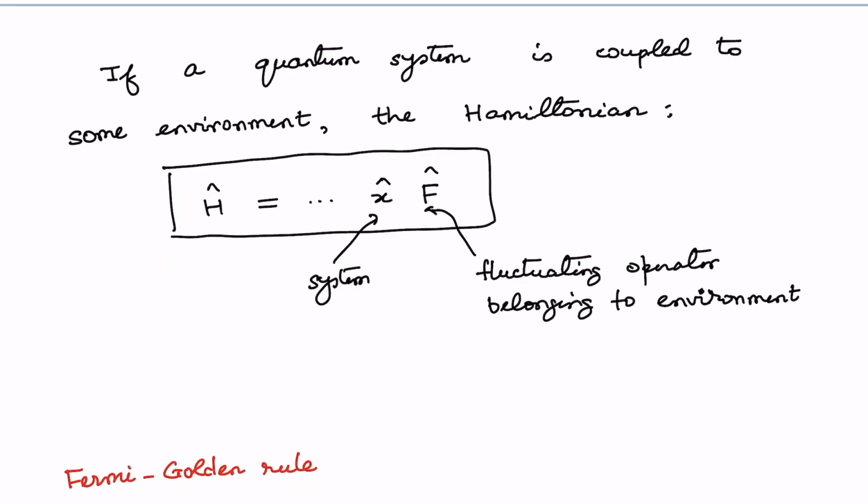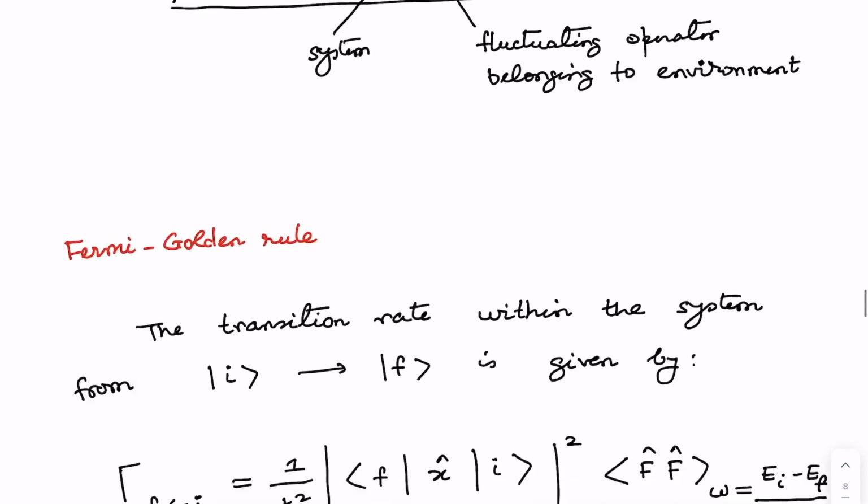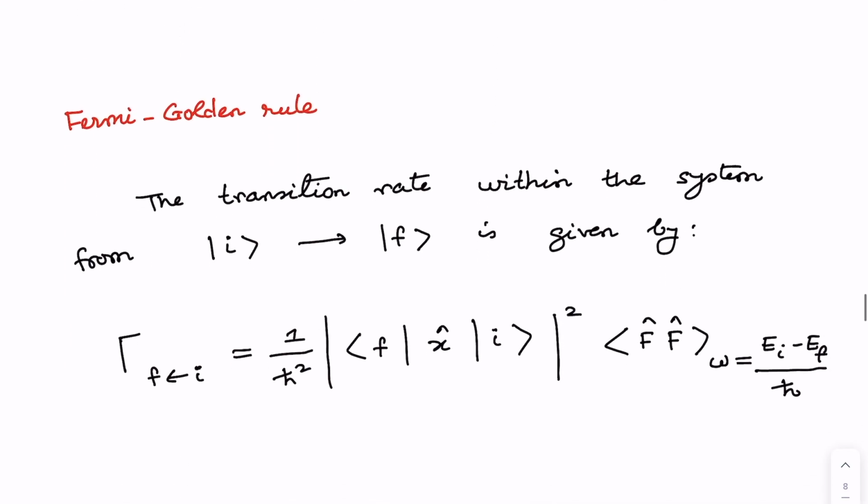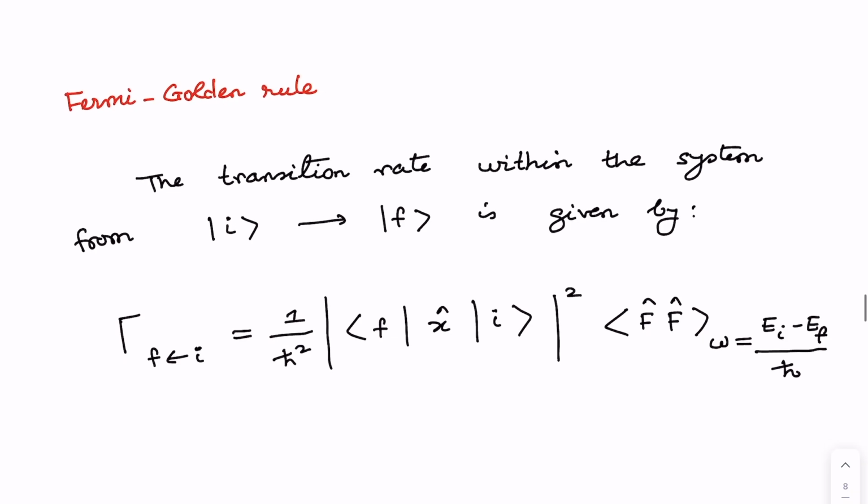We can calculate the transition rates within the system, say from the initial state ket I to the final state ket F, by applying the so-called Fermi golden rule.